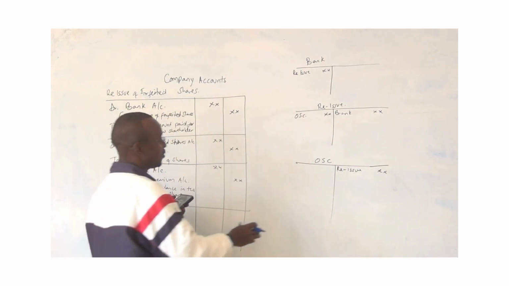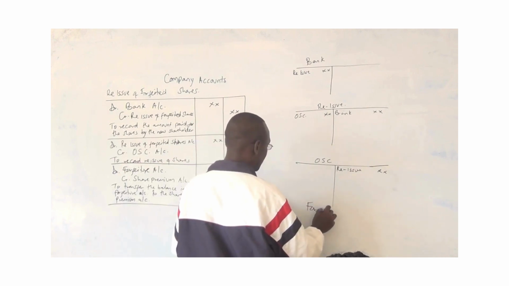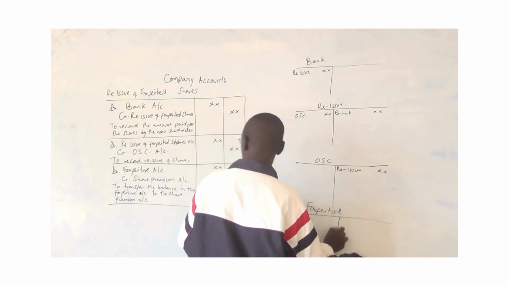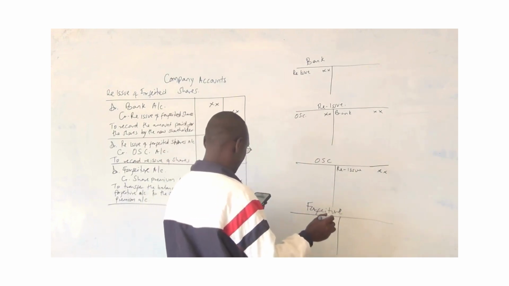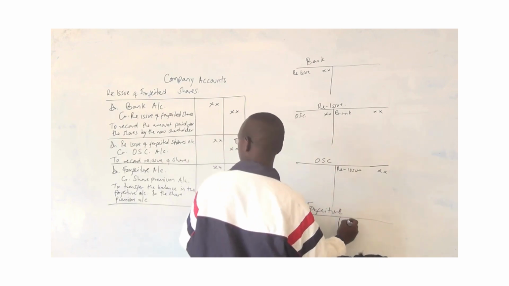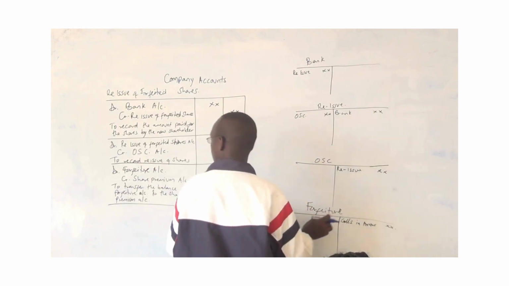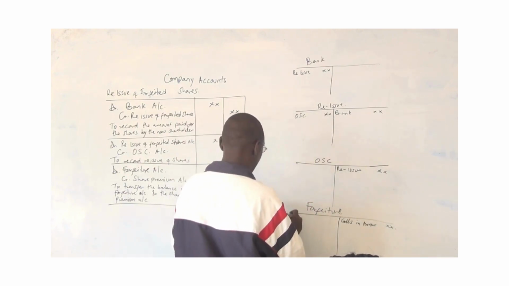So, our forfeiture account, when the shares were forfeited, it had an amount, isn't it? Yeah? Amount yake ilikuwa imetoka kwa calls in arrears. So now here we do what? We debit forfeiture, credit share premium.